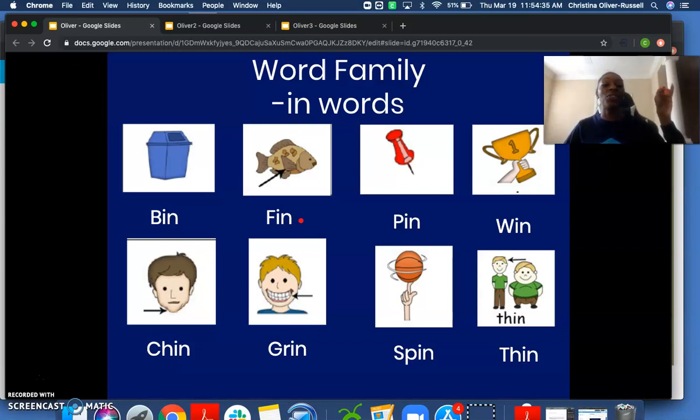F-I-N, fin. The next one is pin. P-I-N, pin. The next one is win. W-I-N, win.